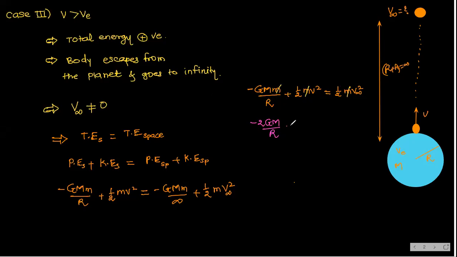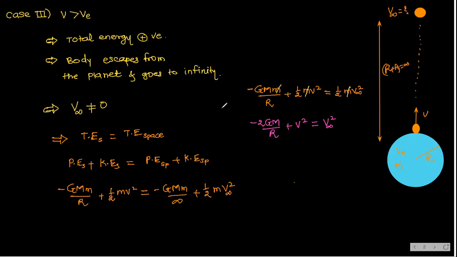After multiplying with 2, what is left here? Plus v square, very good. This side, v infinity square, after multiplying with 2. Good. Now what we have to find? We have to find v infinity.